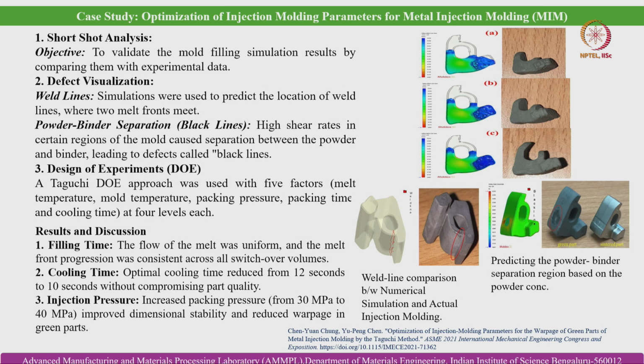So you can see that these are examples of short shot, when there is a change in switchover volume, that is, when there is a change in volume on the cross section of the flow path, and the requisite injection pressure is not provided, or the viscosity of the feedstock slurry becomes much higher, and enough shear rate cannot be generated by the plunger or the screw device present in the injection molding equipment.